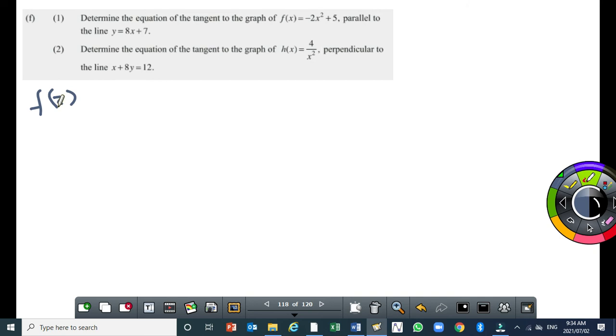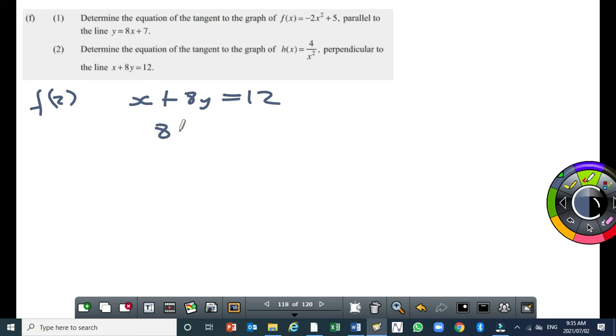So in this question, the tangent is perpendicular to that line, which means we have to use that line to find the gradient of the tangent first. So I need to rewrite this equation in the form y equal to mx plus c.